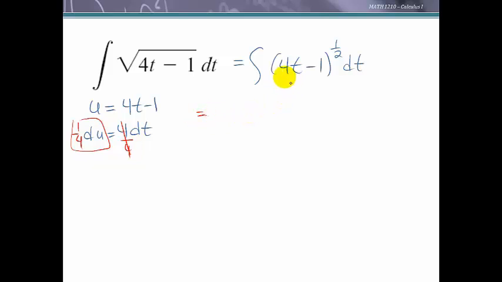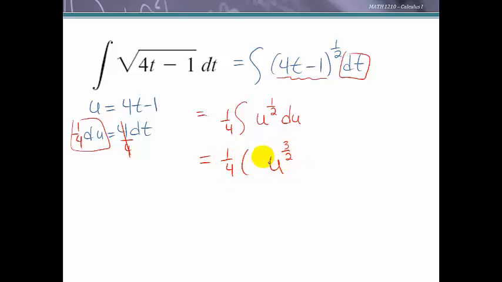Now I'm ready to do the u substitution. All of this was u, so that is now u to the 1/2, and dt is 1/4 du. So I'm going to put the du right here, and I'm going to put the 1/4 out in front of the integral. Let's go ahead and do that. That is going to be 1 higher power, which would be 3/2, but I need the reciprocal of the power out in front, and then plus a constant.